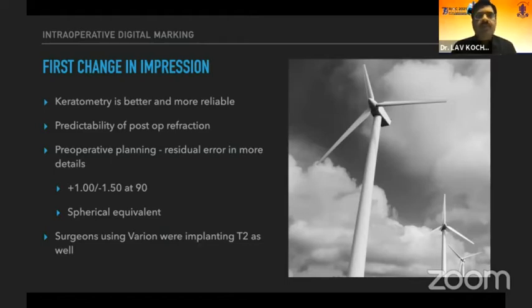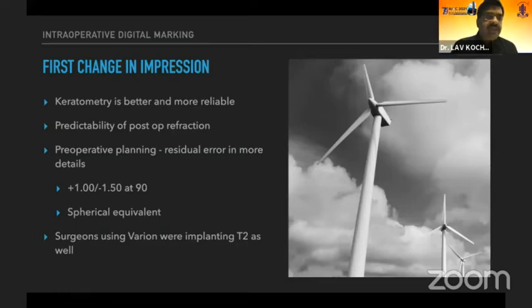The keratometry is more reliable, because the number of reference points taken on the cornea for the recording is much more than the other biometry machines. So if there is a difference in keratometry of optical biometer and Verion, then many times we have to lean towards Verion findings in those cases.